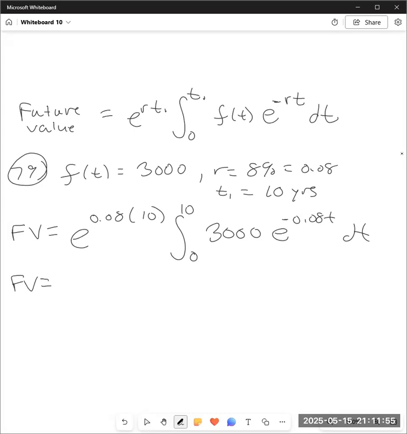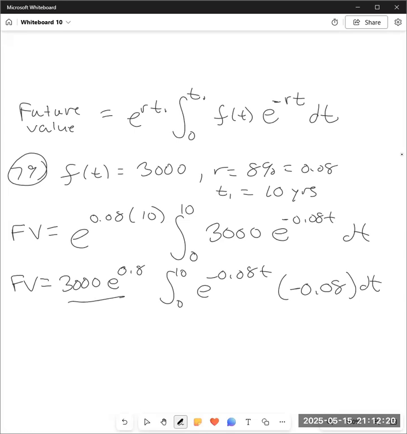Future value is 3,000 e to the 0.8, and then 0 to 10 e to the negative 0.08 t, and I need to multiply by negative 0.08 on the inside and divide by negative 0.08 on the outside.